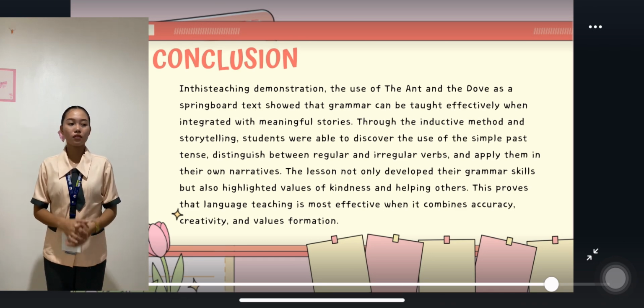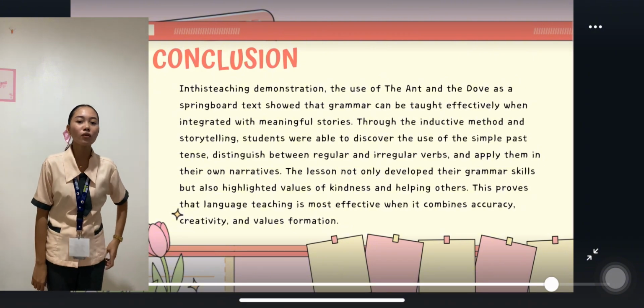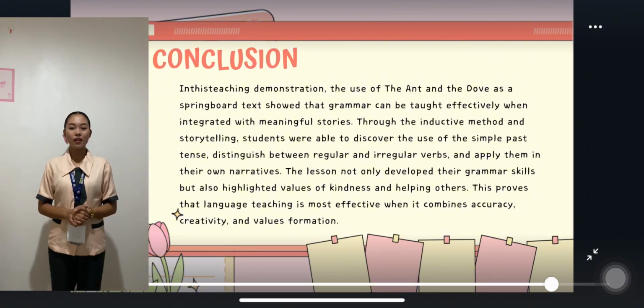The lesson not only developed their grammar skills but also highlighted values of kindness and helping others. This proves that language teaching is most effective when it combines accuracy, creativity, and values formation.